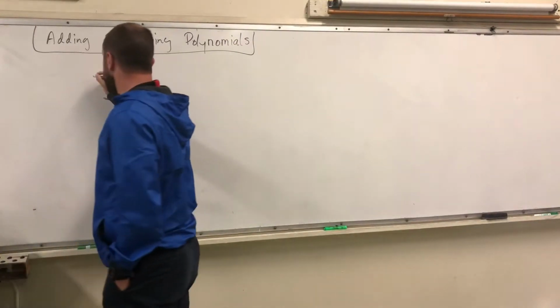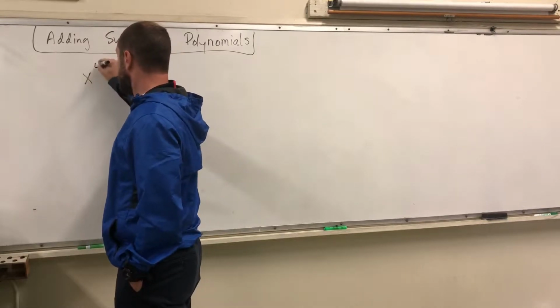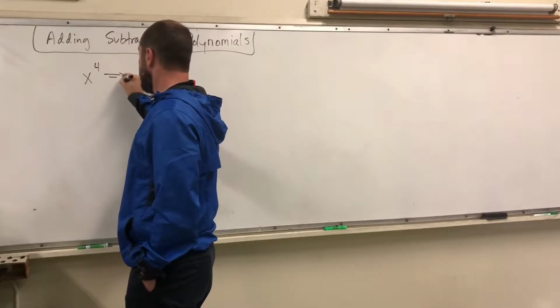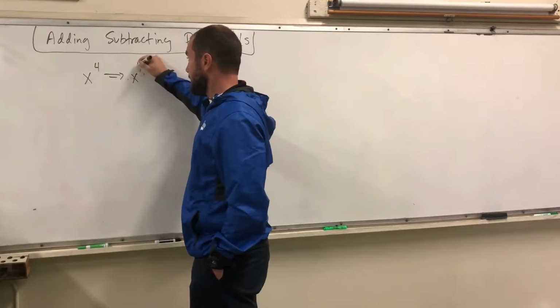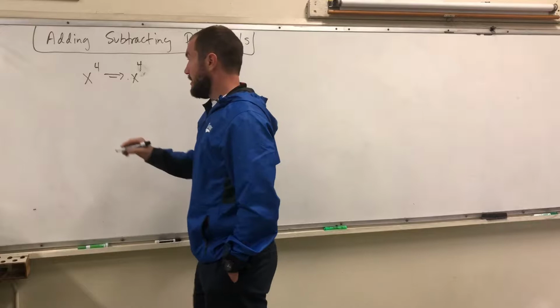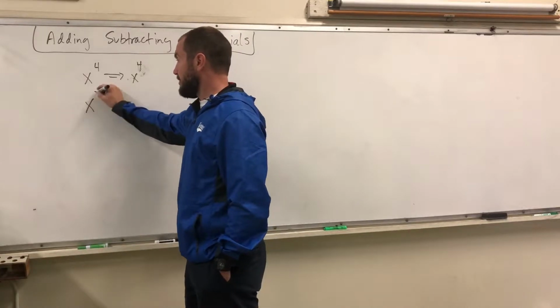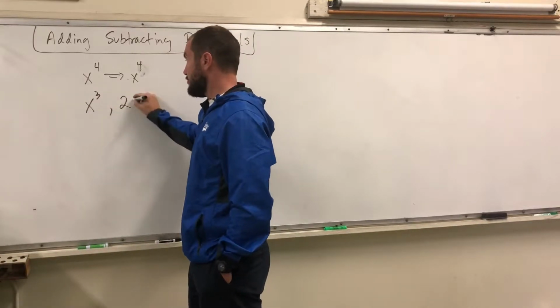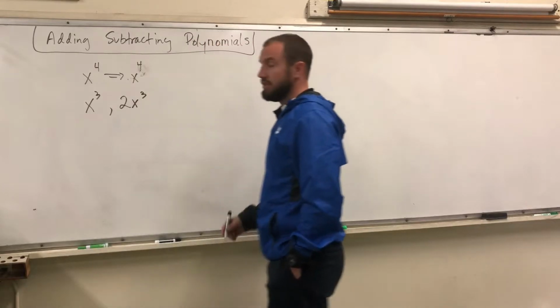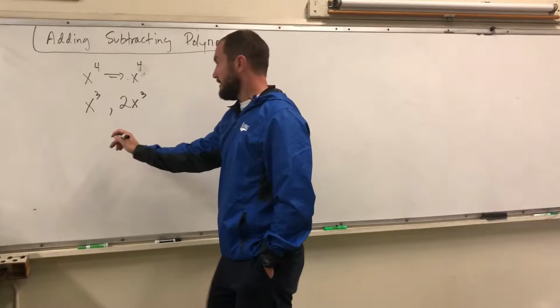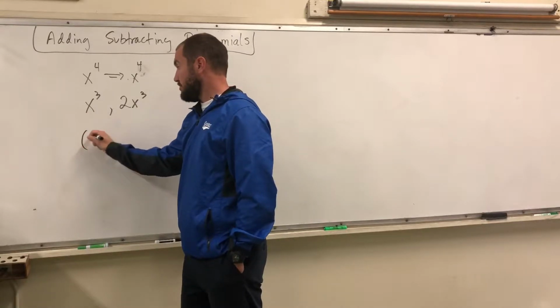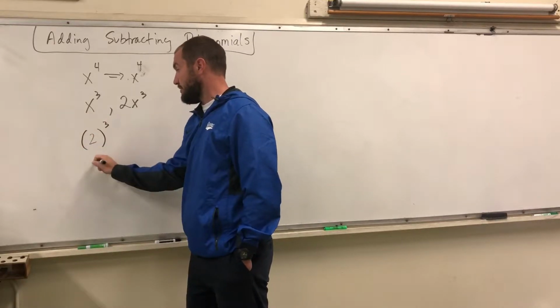The basic understanding is that x to the fourth and x to the fourth, that's a like term. Even if we're looking at x to the third and a 2x to the third, that is a like term. Why is that? Well, think about it. If I put in a 2 for this here, a 2 to the third, that's 8.